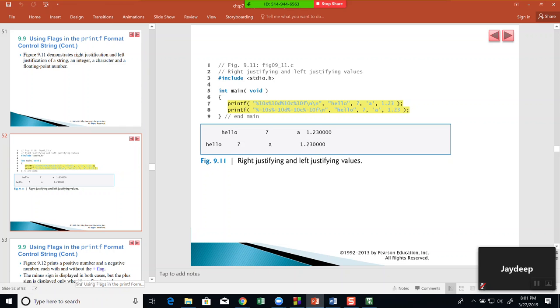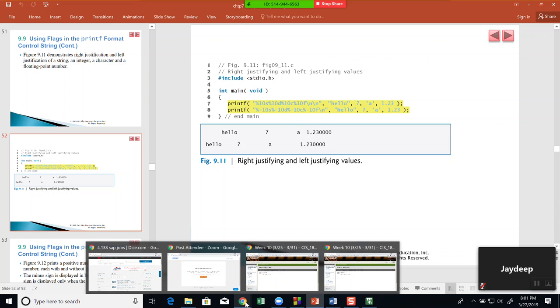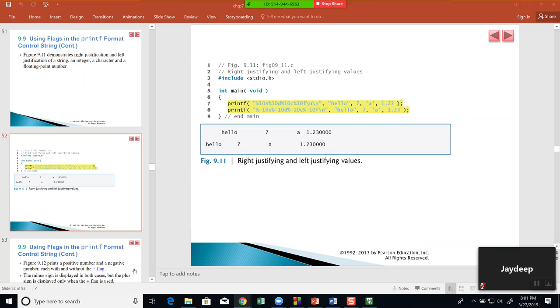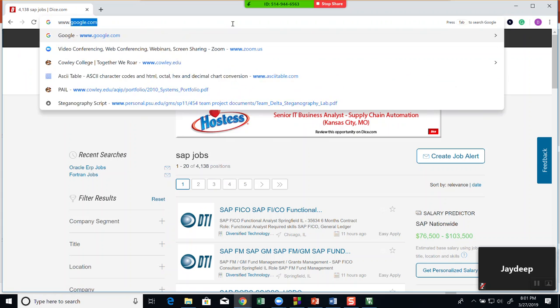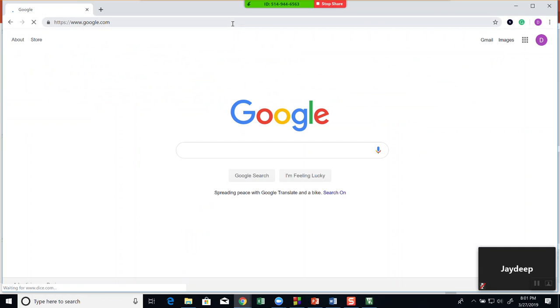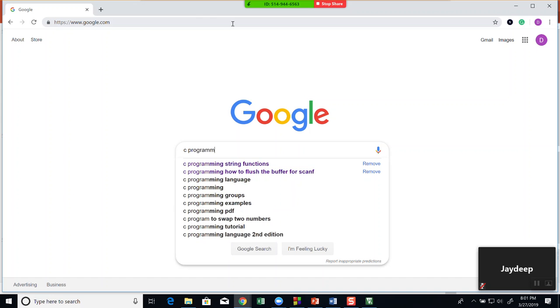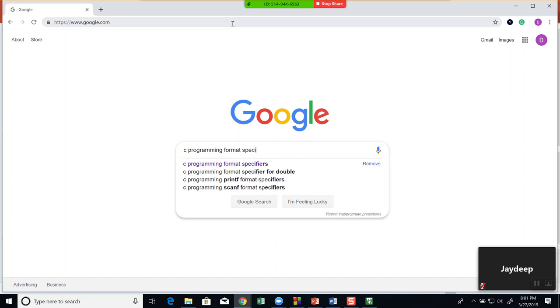You're probably not going to remember all these codes and the exact details on it. The important part is remembering that the format specifiers control it. So when you try to figure out how to left justify something, I come over here, go to Google, type C programming format specifiers.